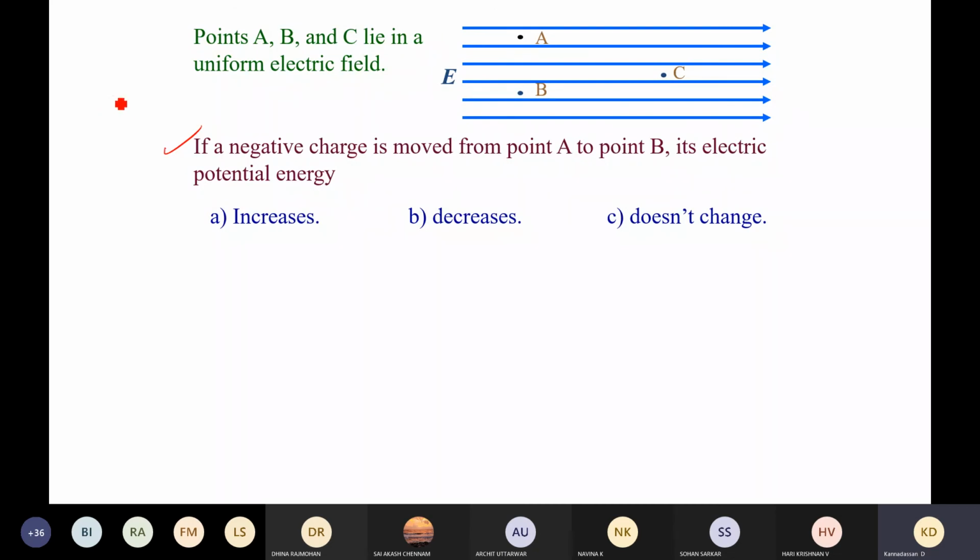So the work done is nothing but Q times the difference VB minus VA. That difference is already 0, so the work done is 0. In other words, the potential energy will not be changing.